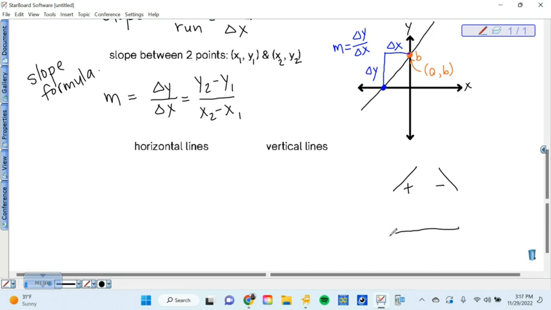Zero. Zero. Right? This is zero fun. Horizontal lines have zero slope. Zero, zero, zero, zero. Zero slope. And what else do you know about horizontal lines? Yeah, the equation is going to be y equals a number.